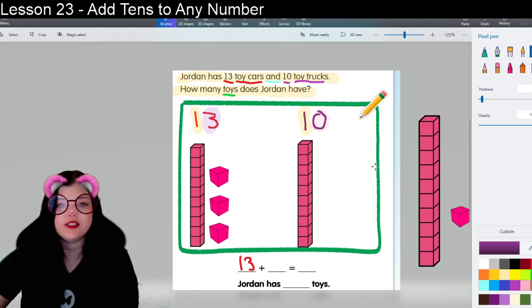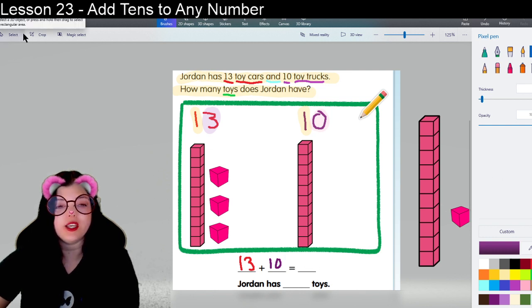We have plus because of the word and, we know we're bringing our 2 parts together because I want to know how many toys are all together. So we have Gus the plus, and then we're going to write 10 because 10 is our second part. 10 is how many toy trucks Jordan has. But we have our equal sign, which means is. So 13 plus 10 is what?